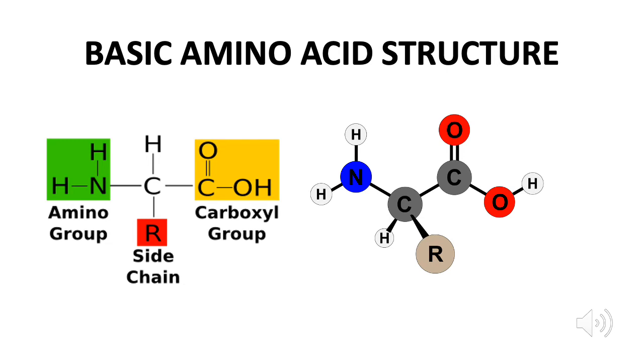If I take a look at the actual ball and stick model, you'll see it to the right, same constituents seen in that model as well. Now, we're going to see in a minute that while the side chain is what confers the specific identity on the amino acid, its function in connecting to and binding to other amino acids is going to have everything to do with that amino group on the left and that carboxyl group on the right. And we'll see that in a moment.